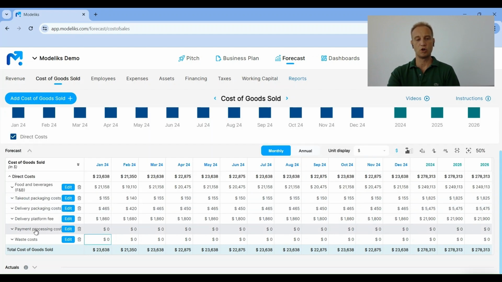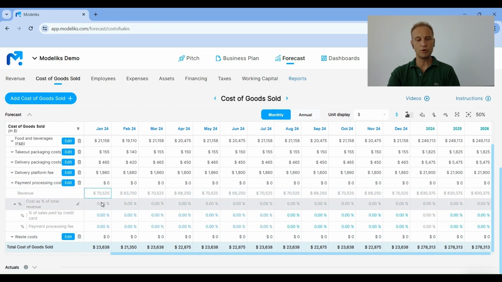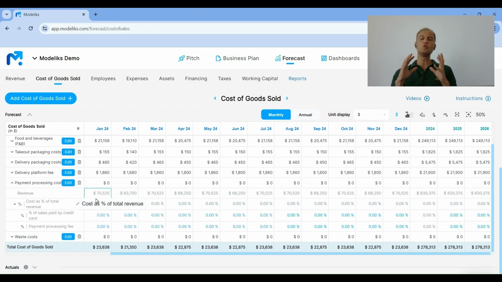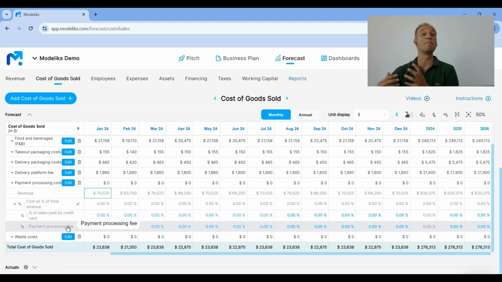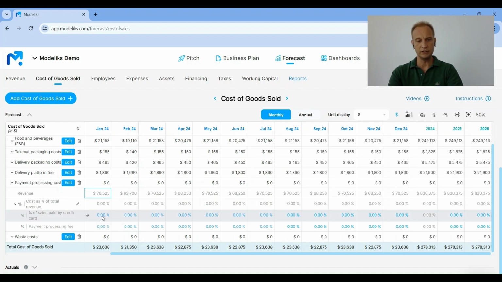Next, payment processing costs. Now, for payment processing costs, we need to provide inputs for two specific variables. One, what percent of our sales are paid by credit card, because there will be a processing fee connected to the credit card. And then what is the payment processing fee that our bank charges us? So let's assume that about 50% of our sales are paid by credit card.